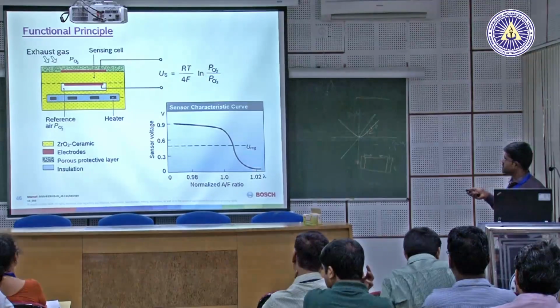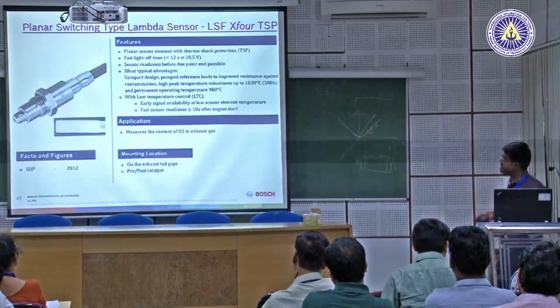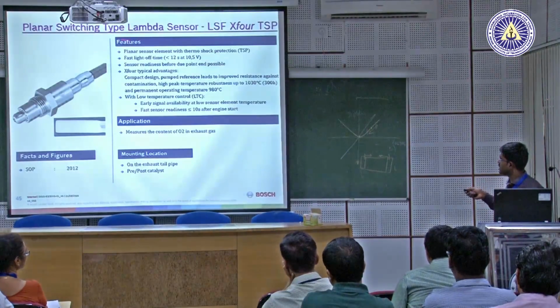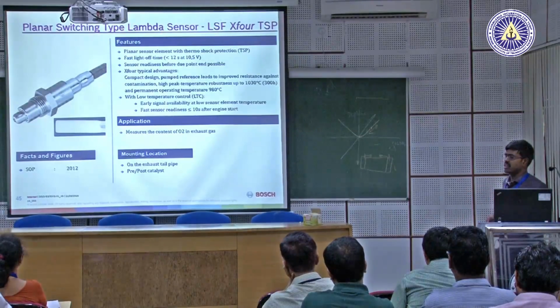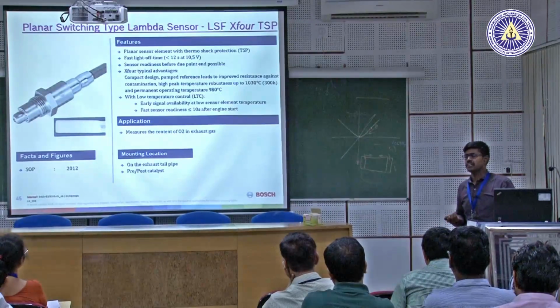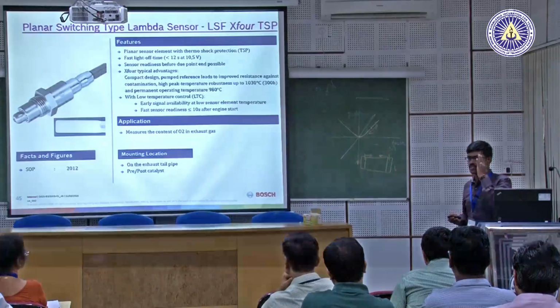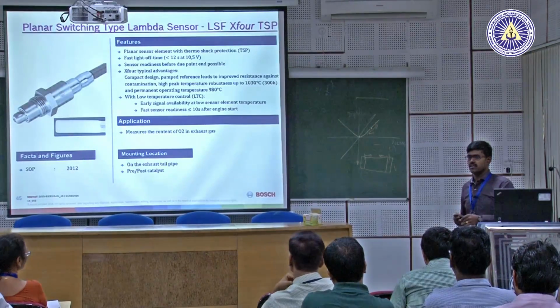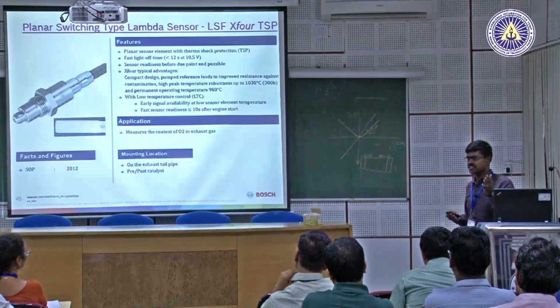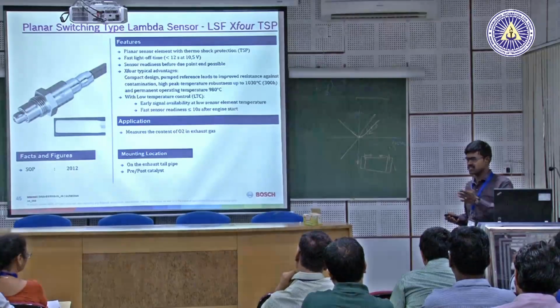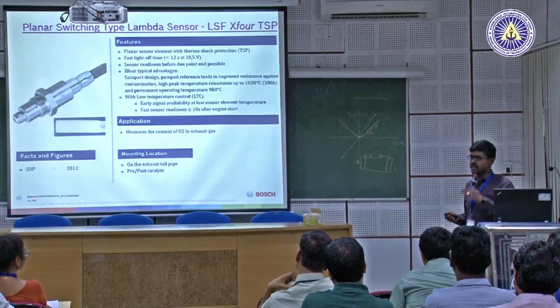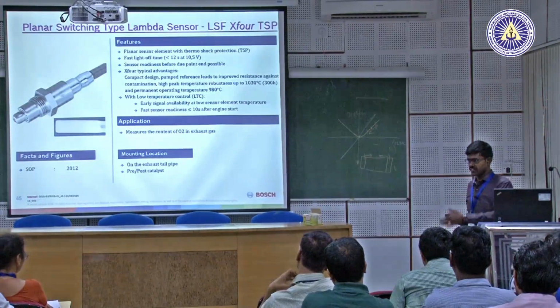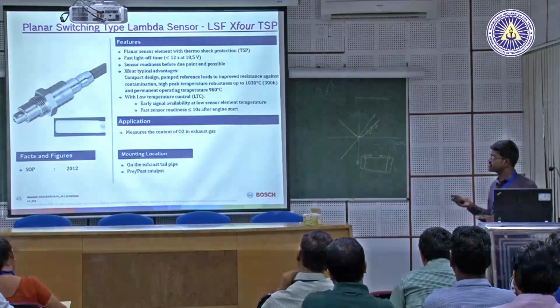We have two types of oxygen sensors. You can see here the switching type lambda sensor. This tells you whether the exhaust gas mixture is rich or lean. Rich means rich in fuel, less in oxygen. Lean means more oxygen, less fuel.